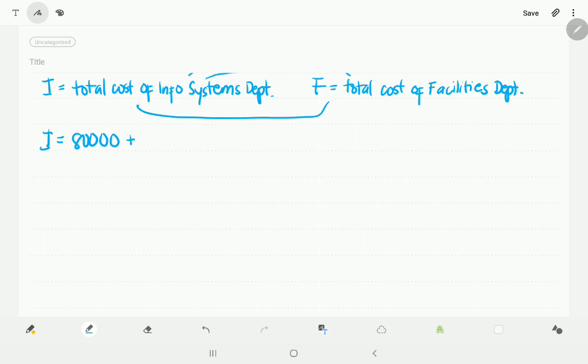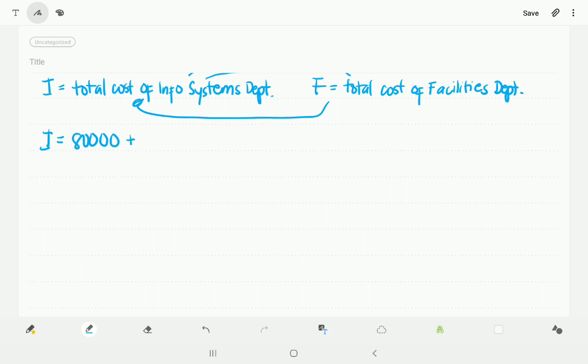We will allocate the cost of the facilities department to the information systems department, so we look for the percentage of the services provided by the facilities department that the information systems department received. In the table, the total square feet occupied by the other departments is 2,400, and out of that, the information systems department occupied 240 square feet.